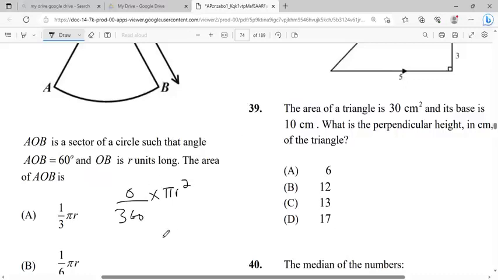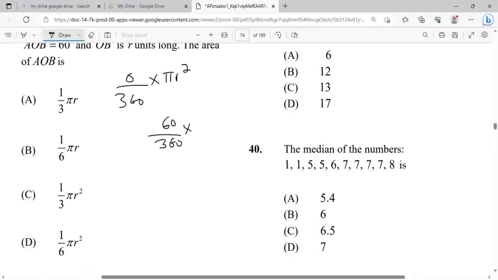So this now would be 60. The angle was 60, over 360. So that's 1/6 pi r squared.